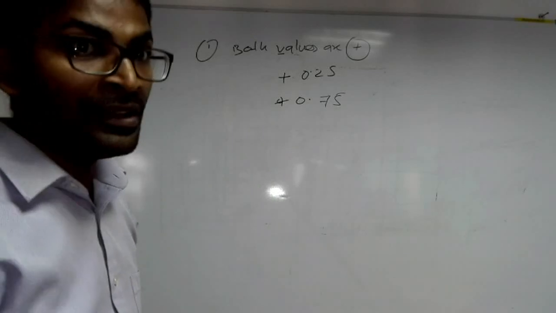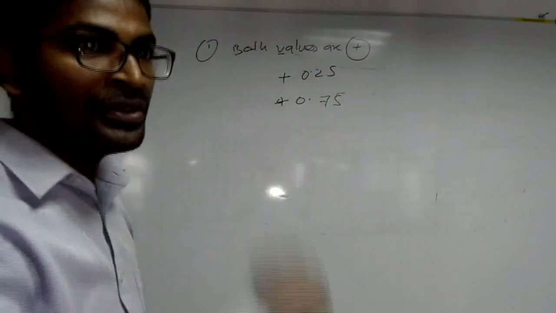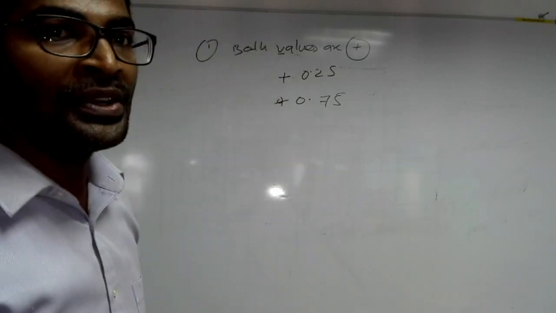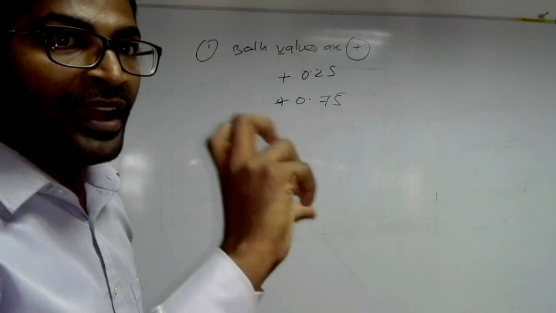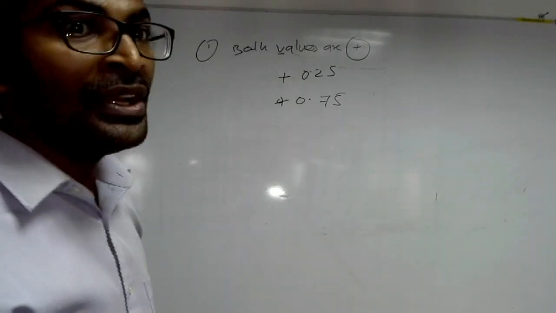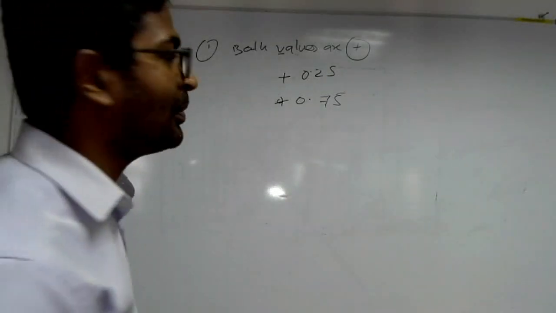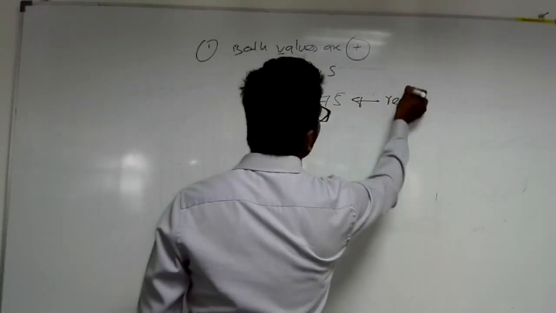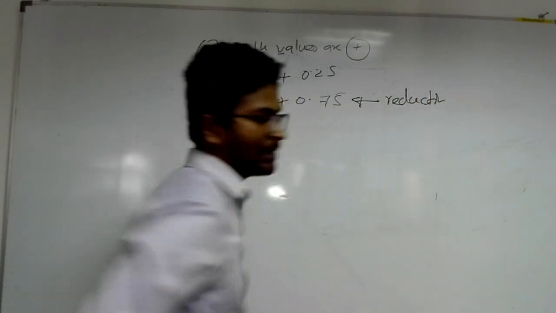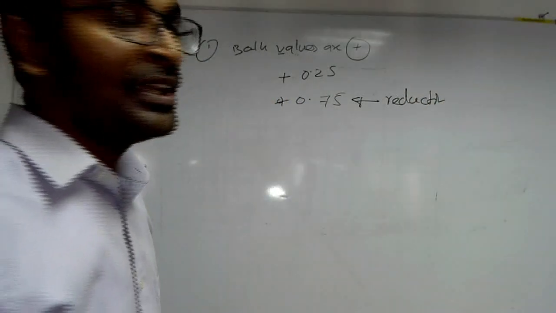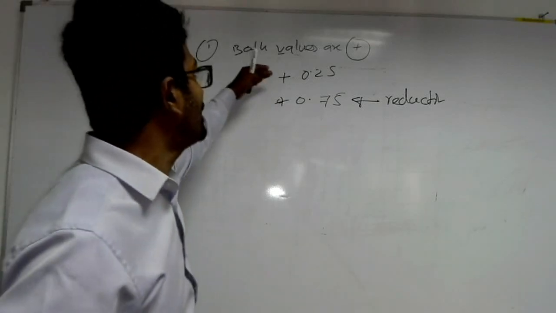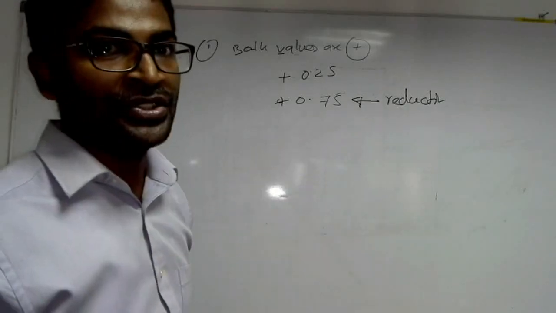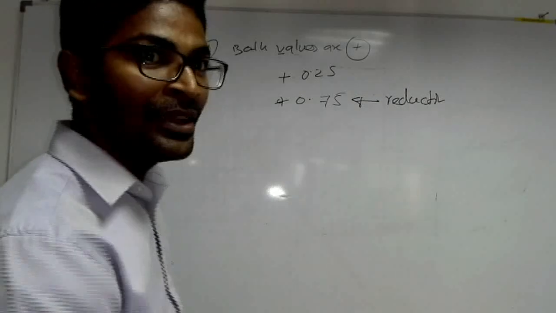When you go down, there is a positive one. So when you go down the series, reduction ability increases. That means whichever has the higher positive nature goes to the reduction part. Always keep in mind the high positive part. If both are positive values, the high positive end is the reduction part. Keep it in mind. The other part is the oxidation part.